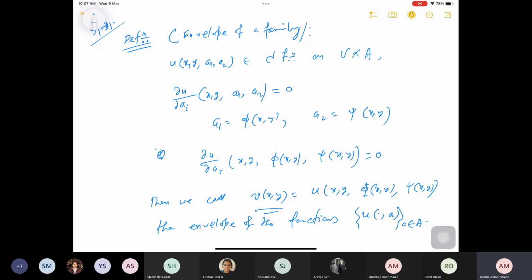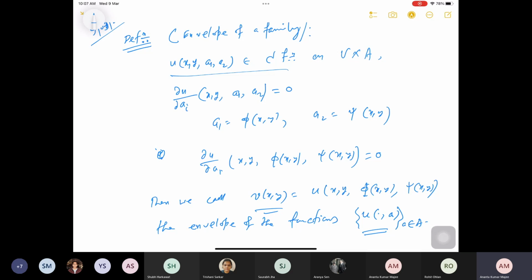So what it says is that for the envelope of a family of your solutions u(·, a), u should be your complete integral, with a1 and a2 in A. Now this a1 and a2 I can determine from the equation ∂u/∂a_i (x, y, a1, a2) equal to 0, so it can be solved.